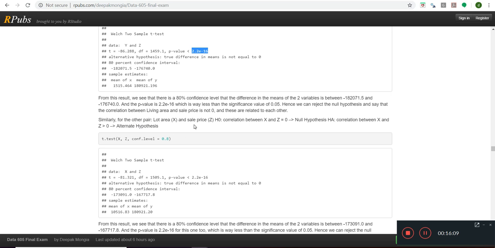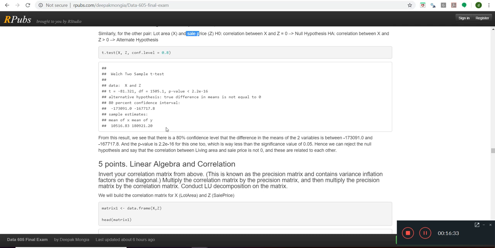Moving forward, we'll do the t-test on x and z. That means the lot area and the sale price. My null hypothesis is that the correlation between x and z equal to 0, and my alternative hypothesis is that the correlation is greater than 0. That means these are related to each other. Now we'll run the same t-test, and we see that the p-value here is also very small.